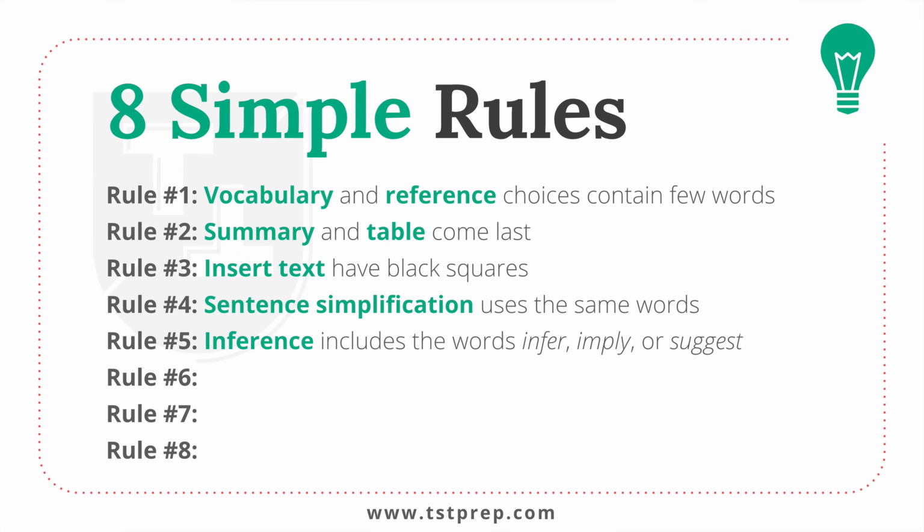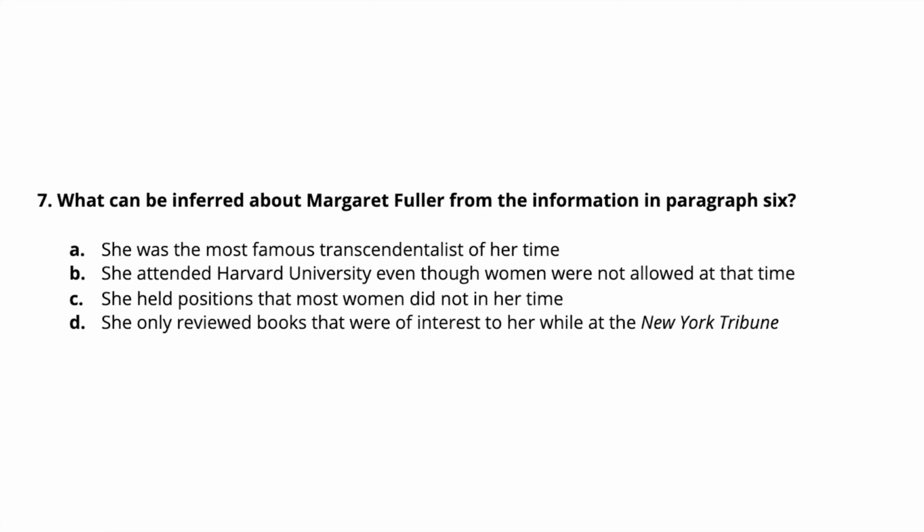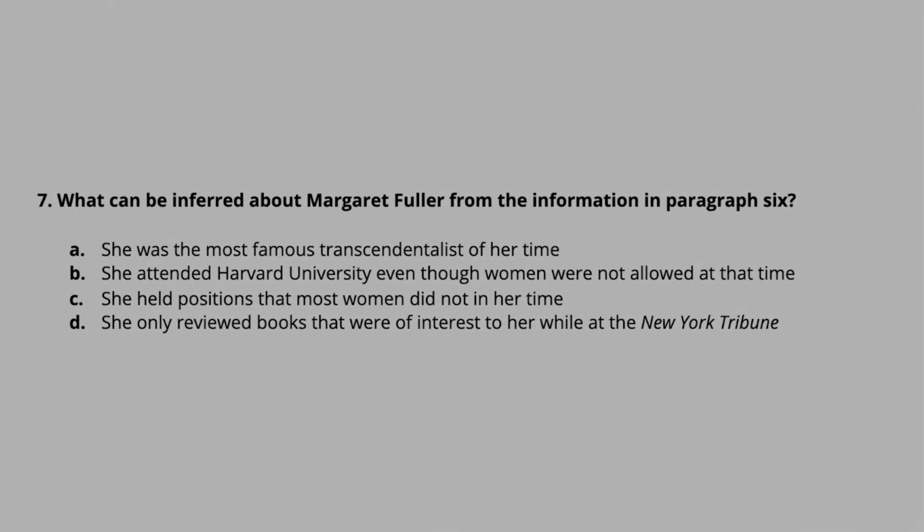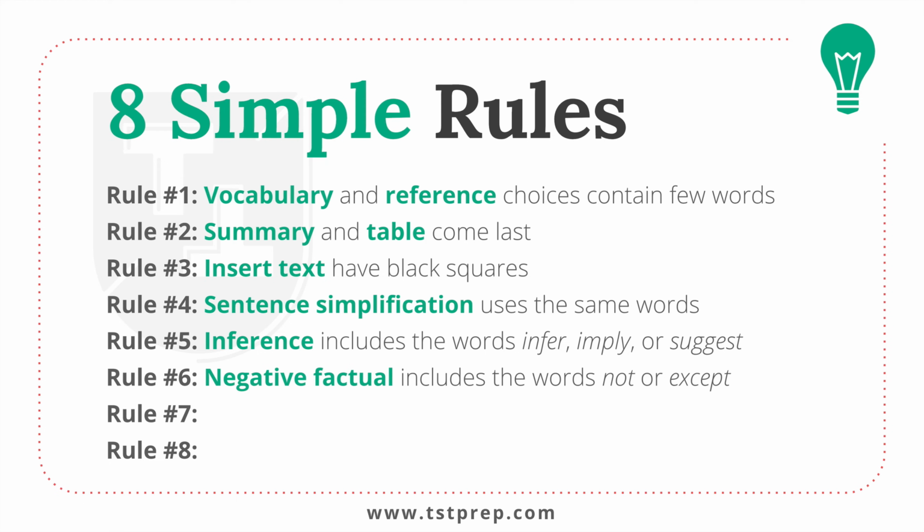Next simple rule. Inference questions include the words infer, imply, or suggest. So if you see a question with the word infer, for example here, what can be inferred about Margaret Fuller from the information in paragraph 6? That's an inference question. Negative factual questions include the words not or except.